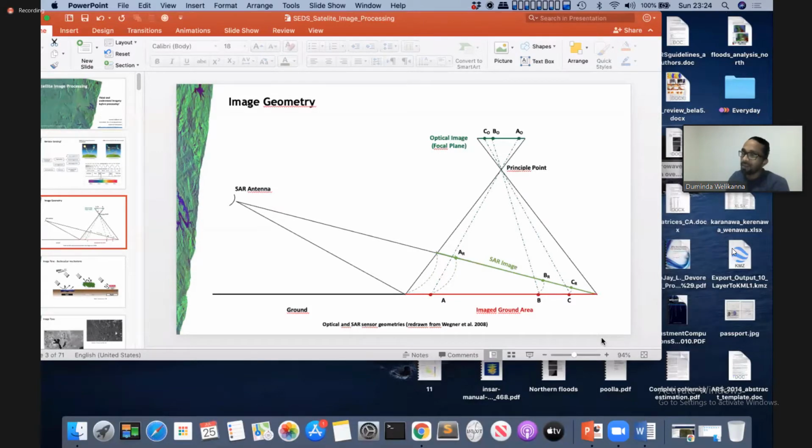SAR image processing in high altitude areas and SAR image processing in flat terrains are completely different. When the terrain is getting rougher, heterogeneous, and more undulated, SAR image processing becomes much more challenging. But you know, the theta angle, the incidence angle, always shows us a way to come out of that.